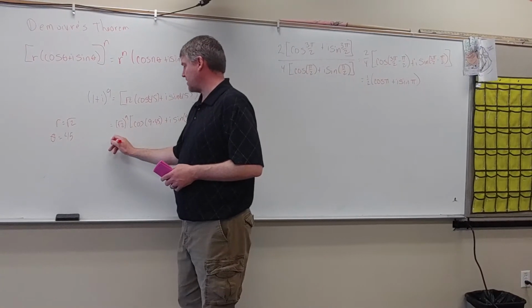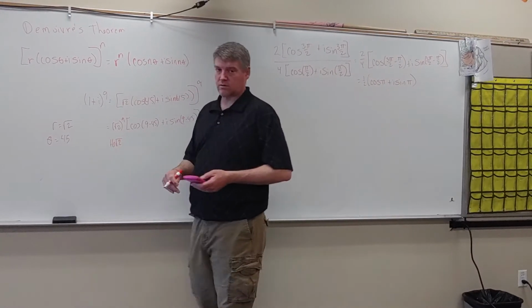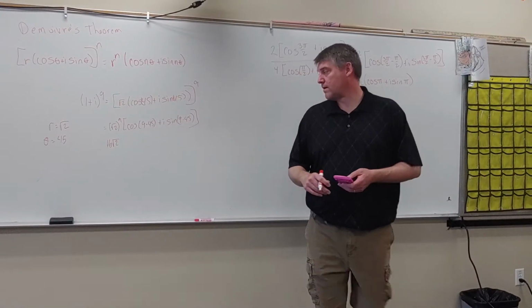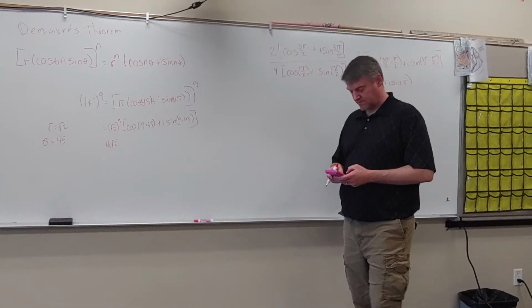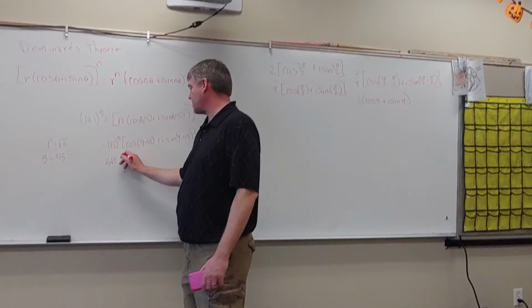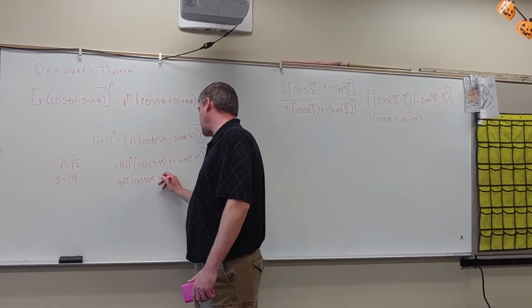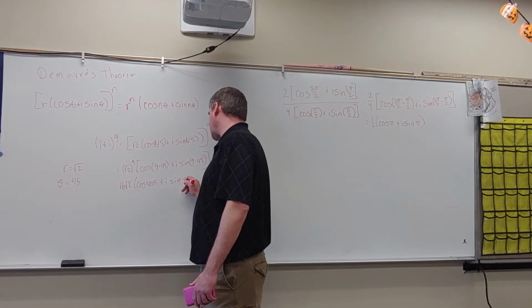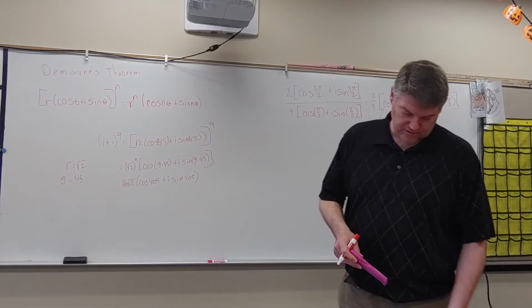So this is going to give me 16 square roots of 2. 9 times 45 is 405. This is cosine of 405 plus i sine of 405. Now, what's the problem with 405?